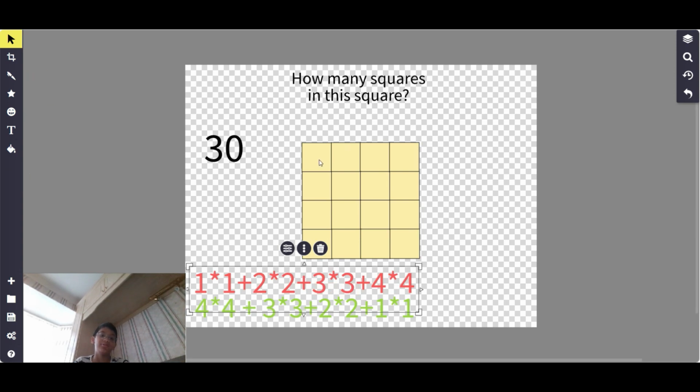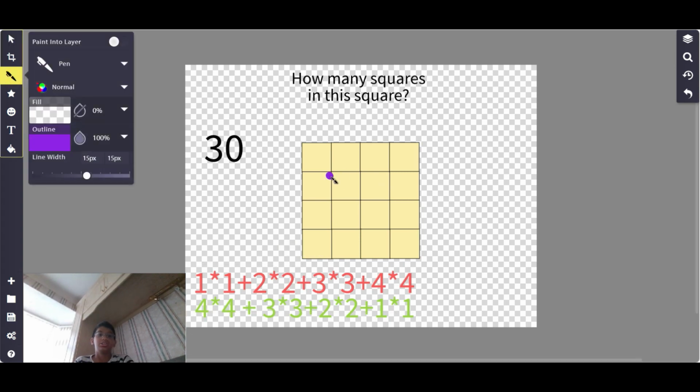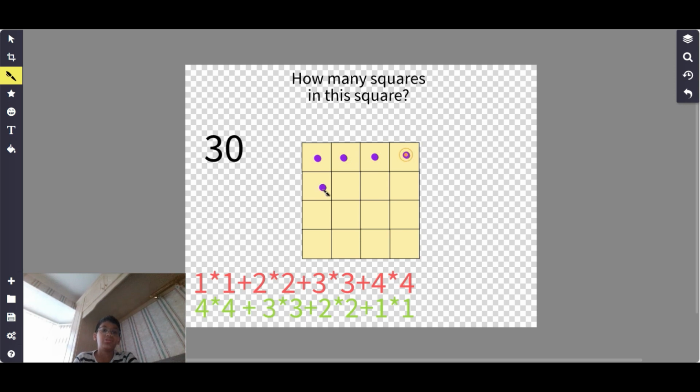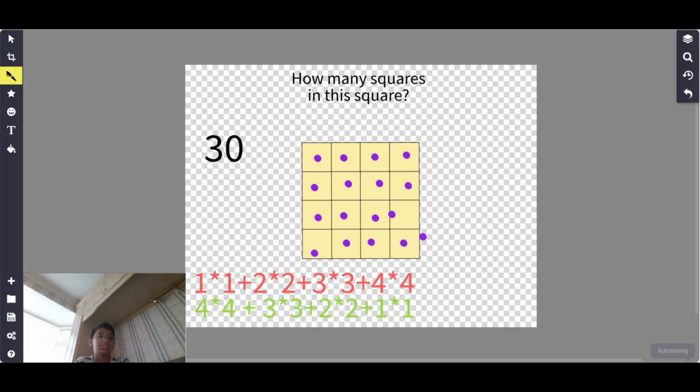You know it. 1, 2, 3, 4, 5, 6, 7, 8, 9, 10, 11, 12, 13, 14, 15, 16. That is 16 squares, which is the same as 4 times 4. So instead of 4 times 4, I will write 16.